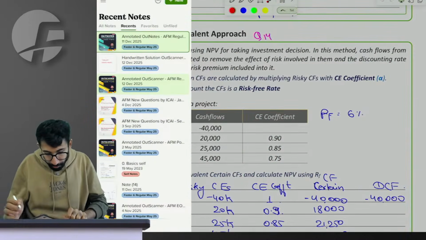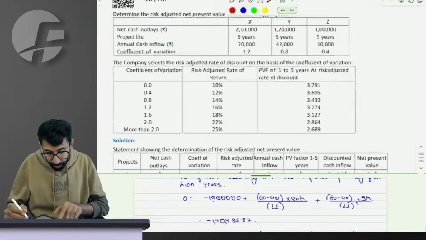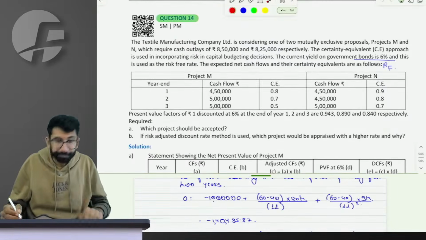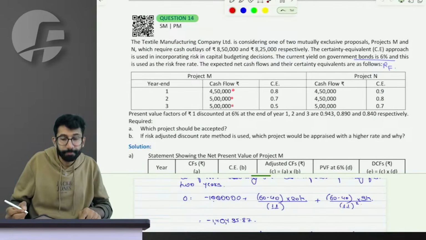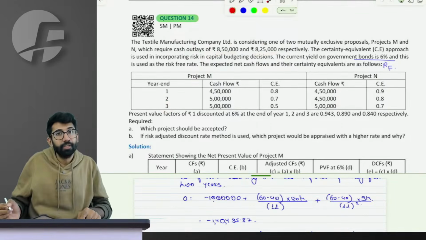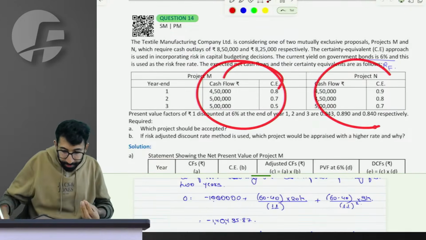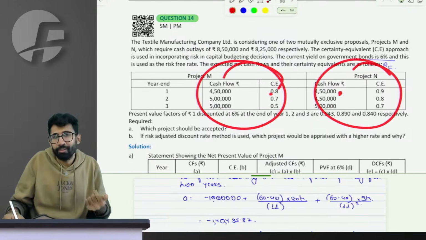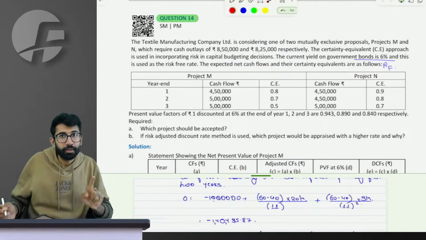Sir, for this particular thing, we have question number 14, which is extremely easy. These are the cash flows. The initial outflow is 850 and 825, life is 3 years. Do you agree the cash flows are risky? Even if we calculate NPV, we won't be able to comment which one is better.